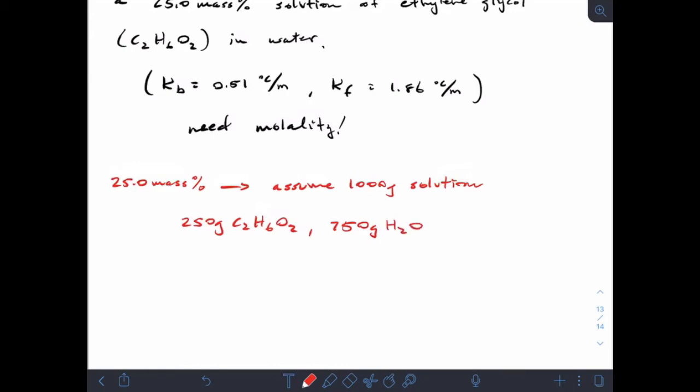Because if our solution weighs 1,000 grams, 25% of that will be the ethylene glycol and the rest will be water. Okay? So that's how we arrived at the 250 and the 750.